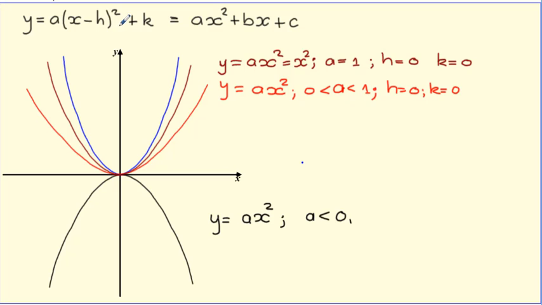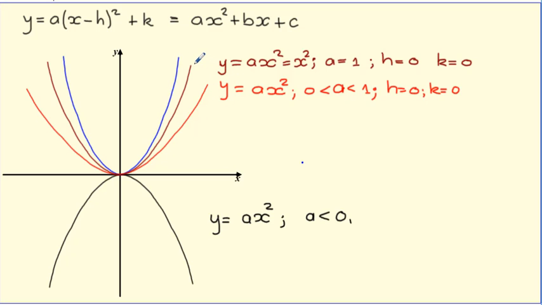There is the standard representation of the quadratic function, which is this way, which we know we can also write in this form. And then we can see here that we've got 3 graphs.